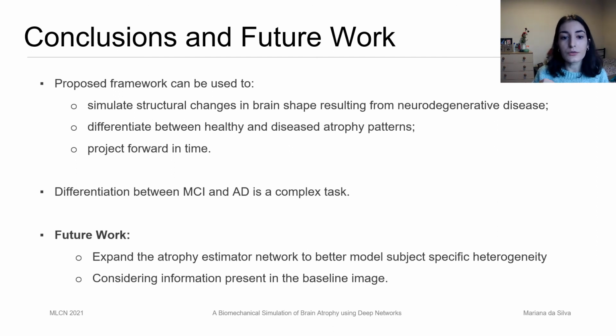So not only to improve the accuracy of the estimated atrophy values, but also to move from region-wise constant values of atrophy per region, which is what we are doing here, to voxel-wise atrophy maps that can consider the subject-specific heterogeneity and better model the true atrophy patterns in the population.